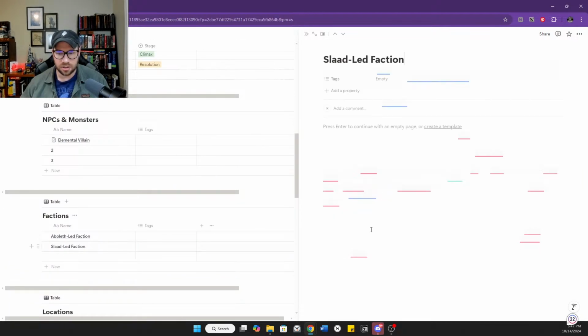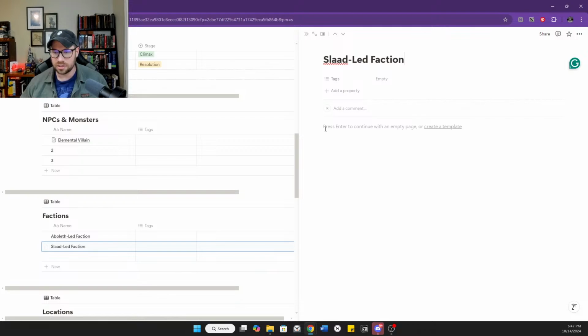But let me come into the factions here and let's capture some of those really good ideas. Let's say, okay, so we're at the Slaad-led faction.